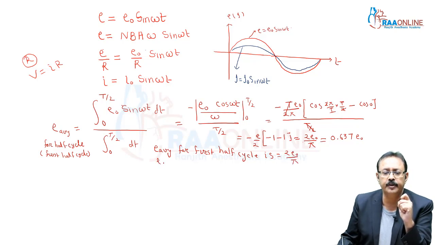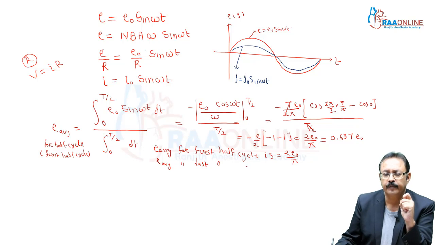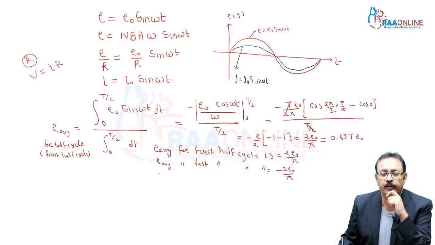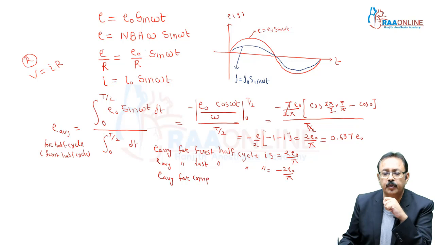And E average for the last half cycle is minus 2 E naught by pi, since the total average is 0. And for a complete cycle, E average is 0.